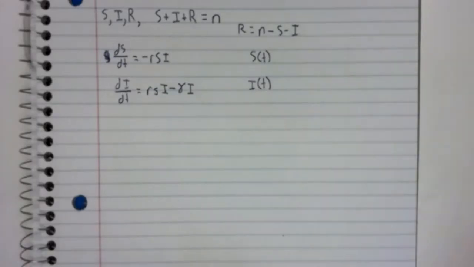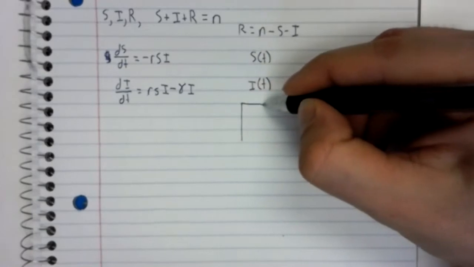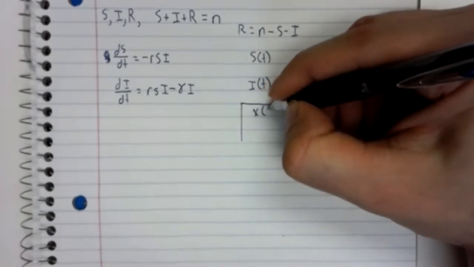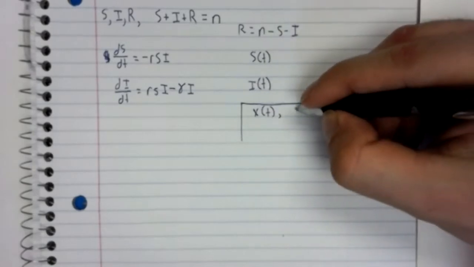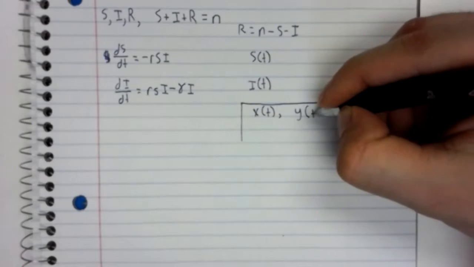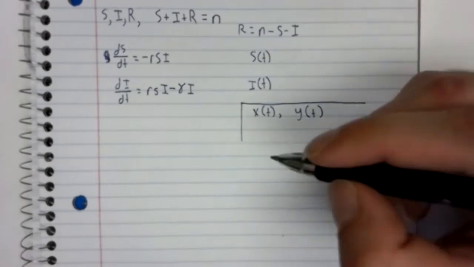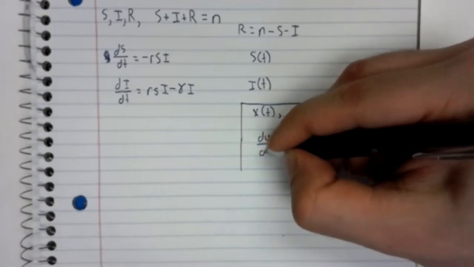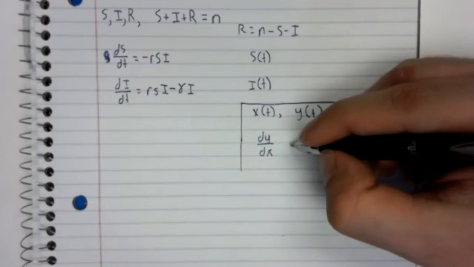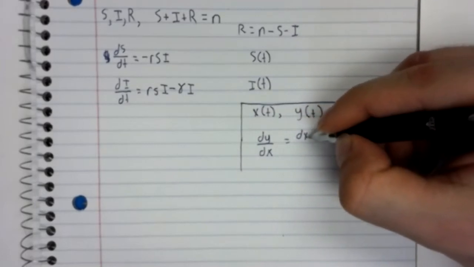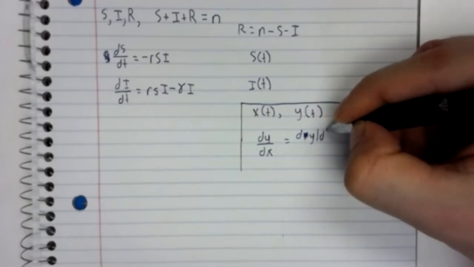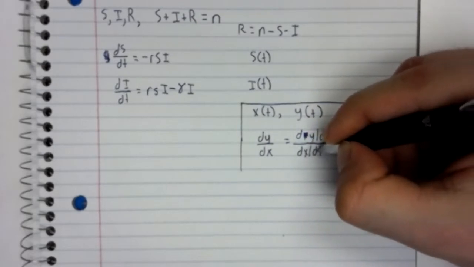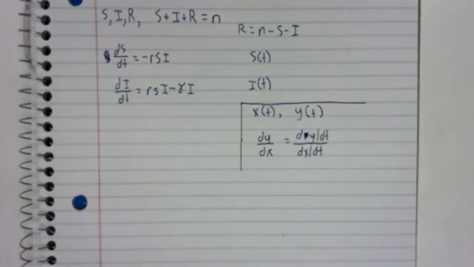From calculus 2, if we have parametric equations, x of t and y of t, then the derivative of y with respect to x is the fraction of the time derivatives.